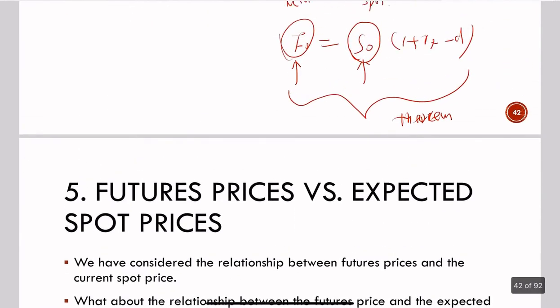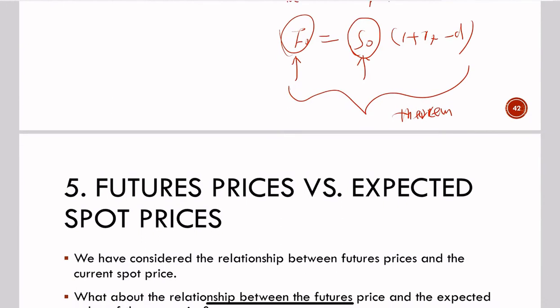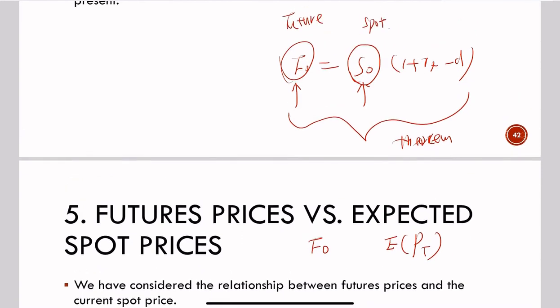And now we want to understand a different topic. We want to understand how F0 is related to the expected spot price in the future, right? So let me make this difference more obvious. Previously, we tried to understand these two guys on the same date, on day 0. That is the current futures price and the current spot price.